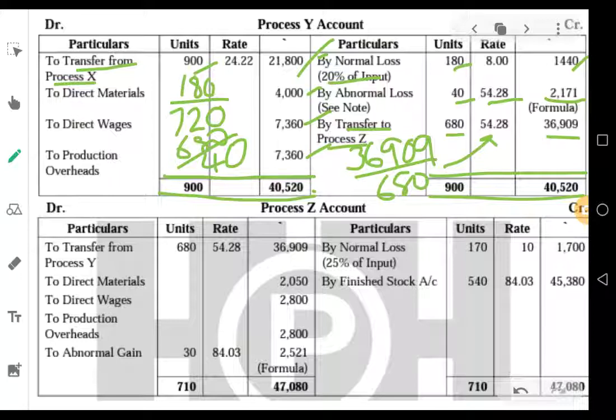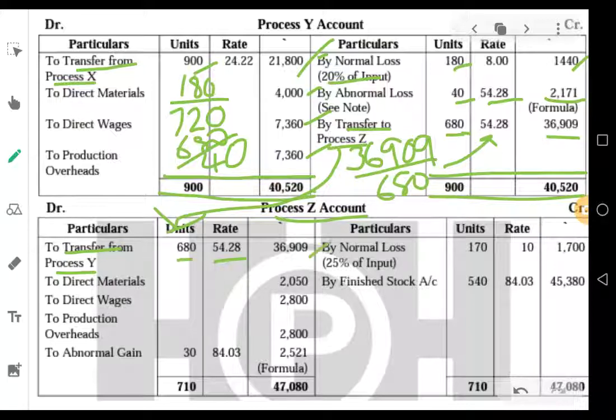Next, this transferred amount and units should go to the process Z account. Start the process Z account and bring the balance of process Y account, that is, transfer to Z. So the first item in the process Z account should be the transfer from process Y. What is the number of units transferred? That is 680, at the rate of 54.28.